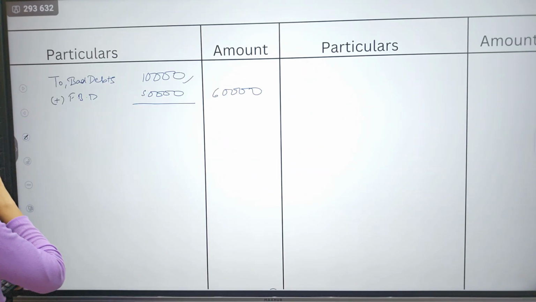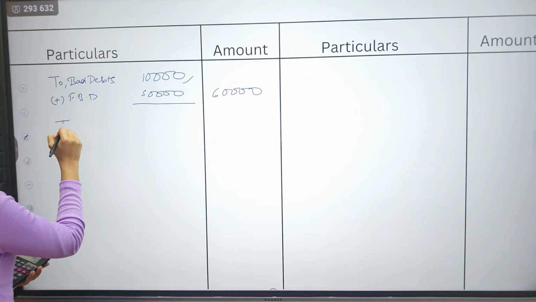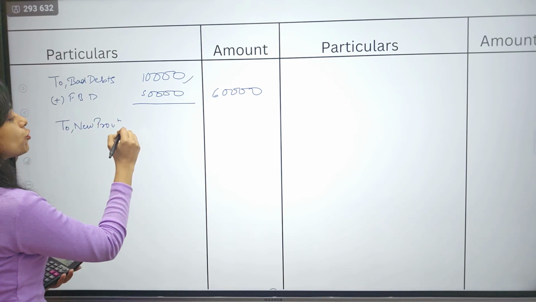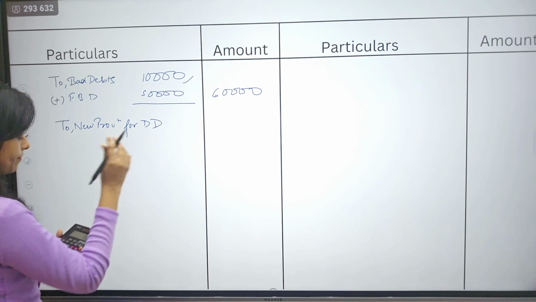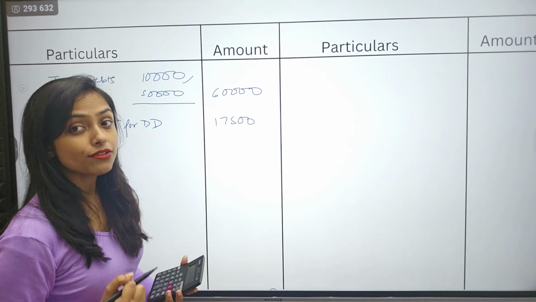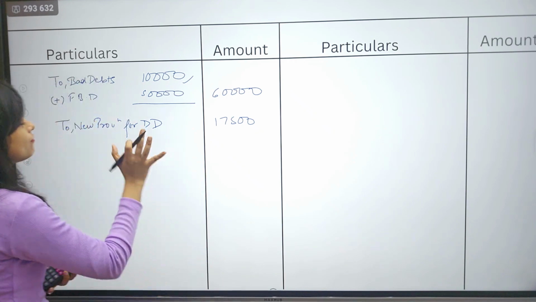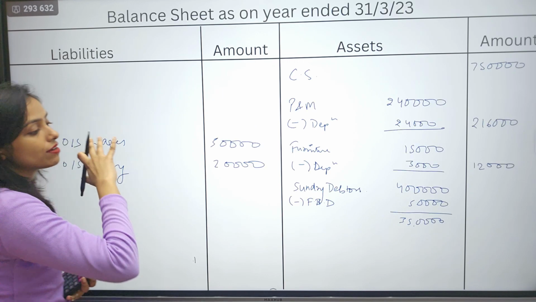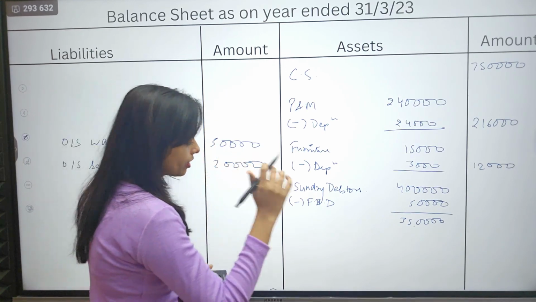How are we going to make the provision? In profit and loss account, we are going to set this aside. New provision for doubtful debts, 17,500 I am going to steal from my profits and store it in a piggy bank. Fine. You can understand it in this way. 17,500 I have stolen and stored it somewhere.